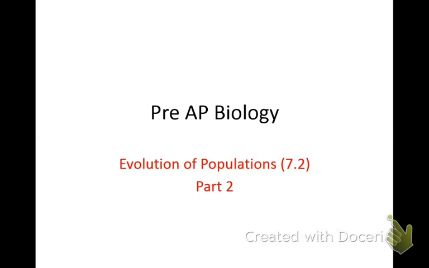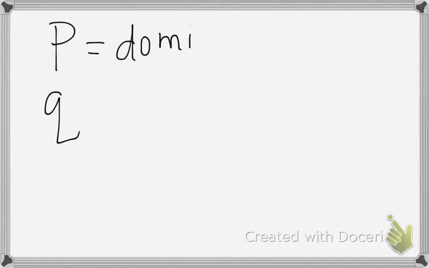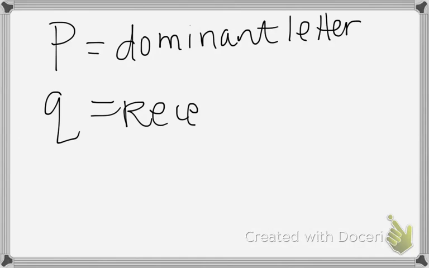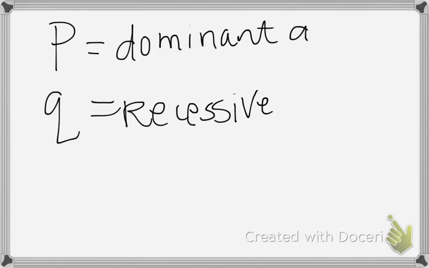Let's start with this. From now on, instead of thinking of capital letter and lowercase letter, I want you to think of a P and a Q, where P is the dominant allele and Q is the recessive allele.